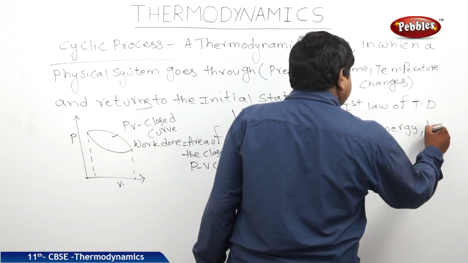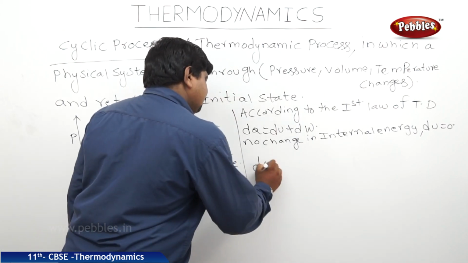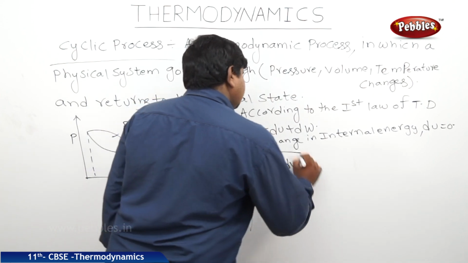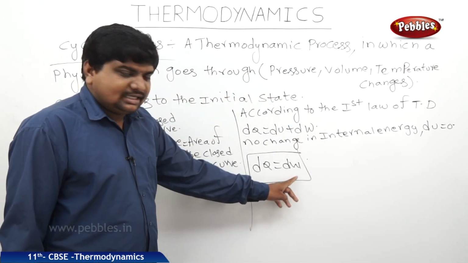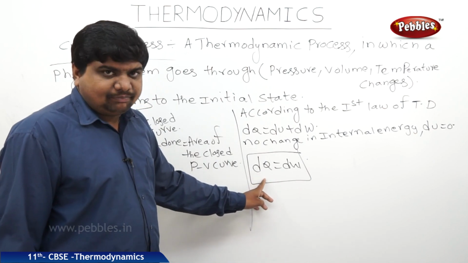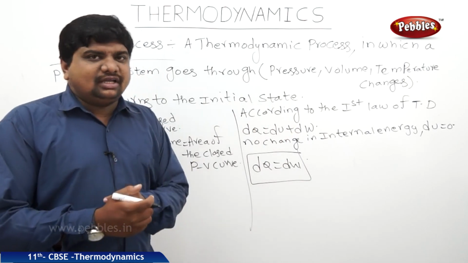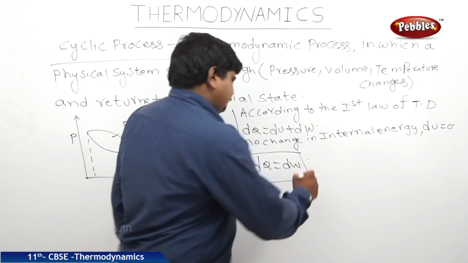Therefore, du will become 0. Therefore, this equation gives dq is equal to dw. So the amount of work done in a cyclic process is equal to the amount of heat energy supplied. But it is an ideal case, may not be possible in the whole conversion. The example for this is a heat engine.